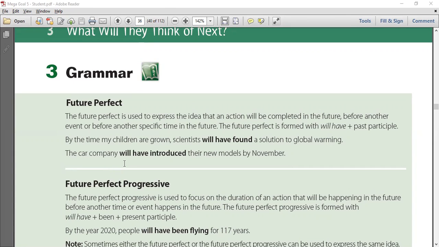For example, the car company will have introduced their new models by November. The first action is the car company will have introduced, they will have finished introducing their new models of the cars. And the second is the time, when the time comes, which is the month of November. Okay? Do you remember this grammar?